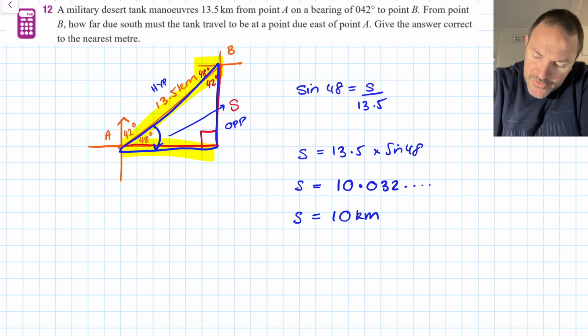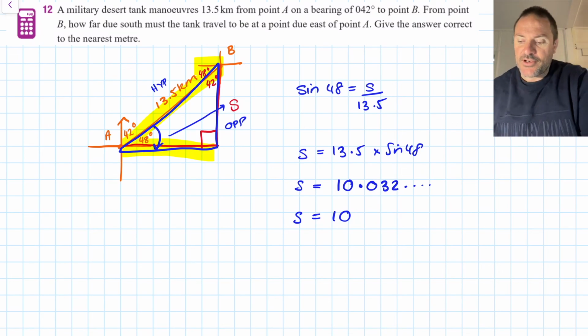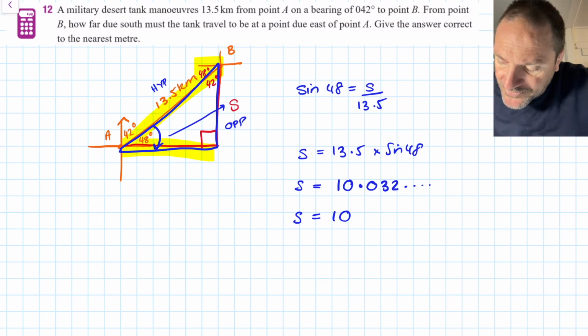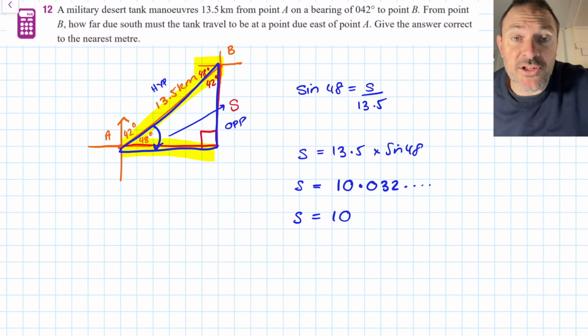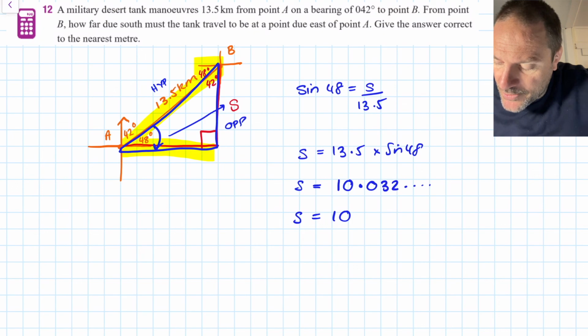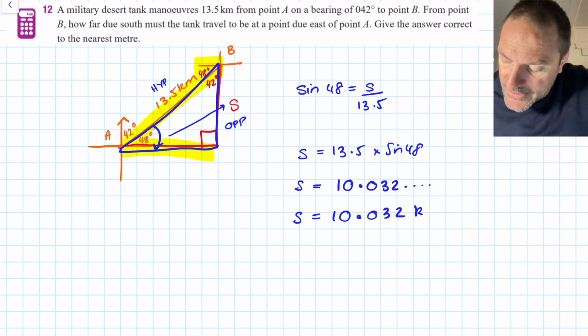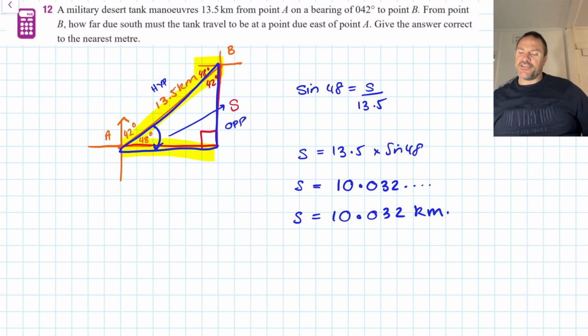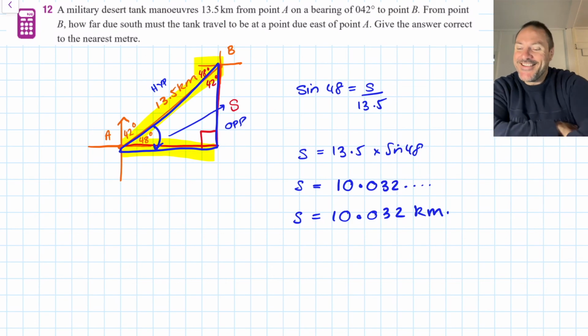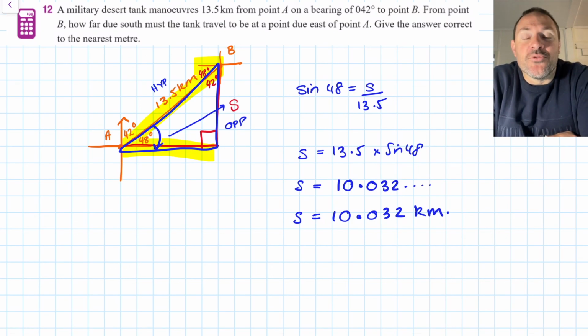Let's be careful there. There are 1,000 meters in a kilometer, so 10.032 kilometers, or 10.03. One of the two. Just make sure you answer the question with correct rounding.